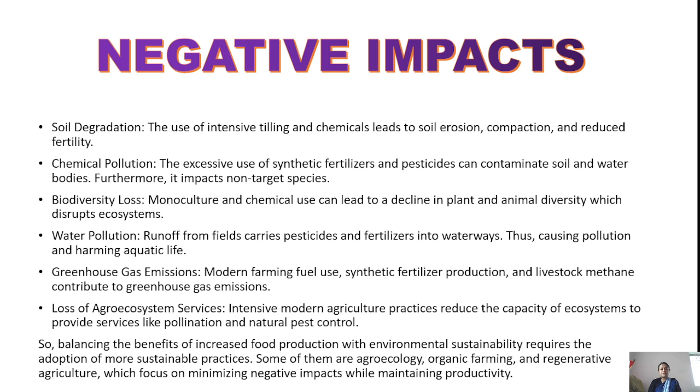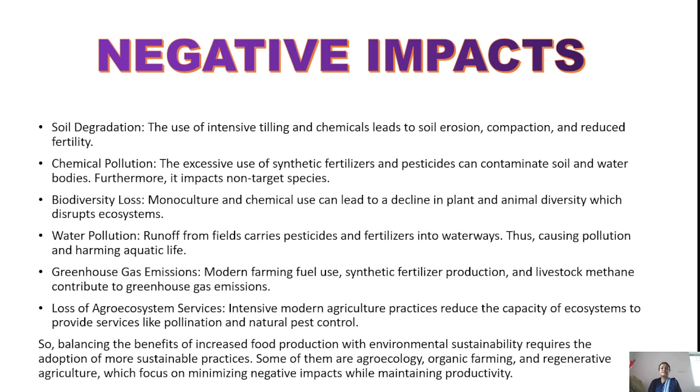Modern farming uses fuel, synthetic fertilizers, and livestock, which contribute to methane and excessive carbon dioxide release, causing greenhouse gas emissions. Loss of agro-ecosystem services. Intensive modern agriculture practices reduce the natural capacity of providing services like pollination and natural pest control.